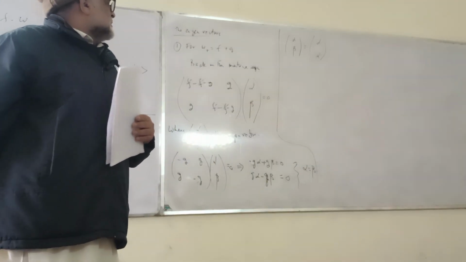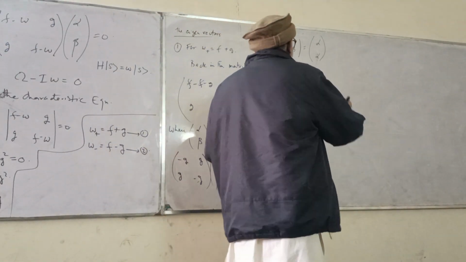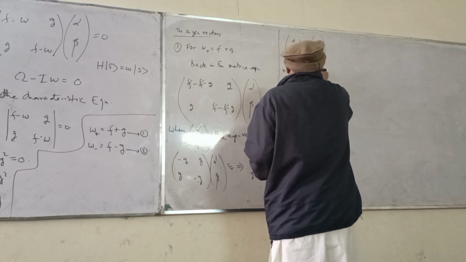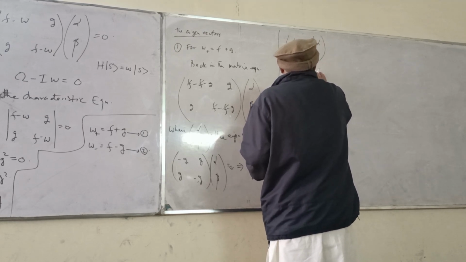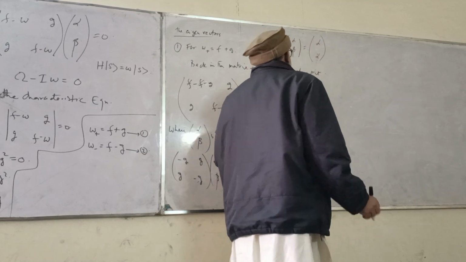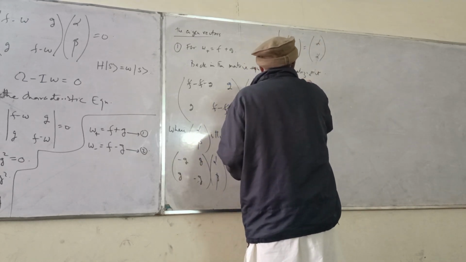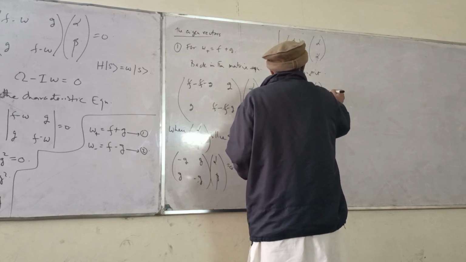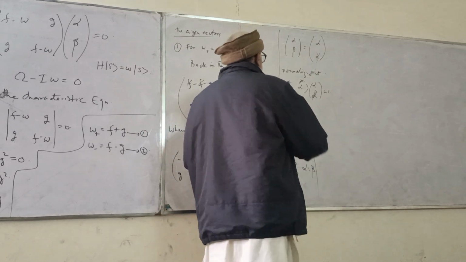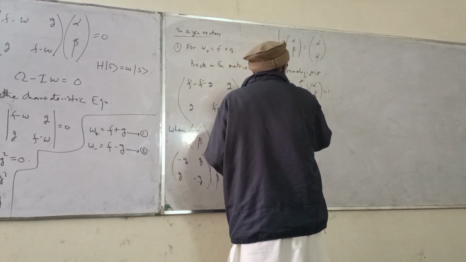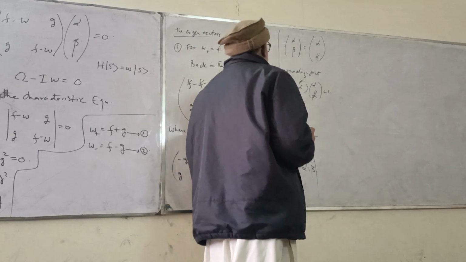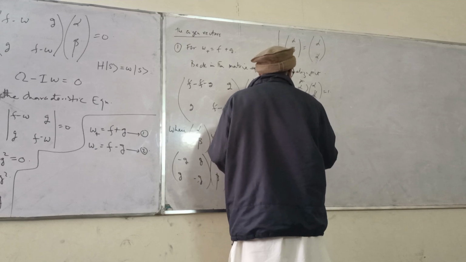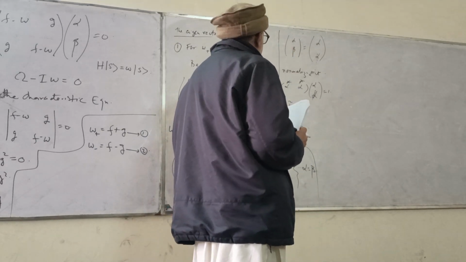Now, let me normalize it, right? Normalize it. So alpha star, alpha and two alpha equal to 1. And I will have 2 alpha square equal to 1, or alpha equal to 1 over square root of 2.